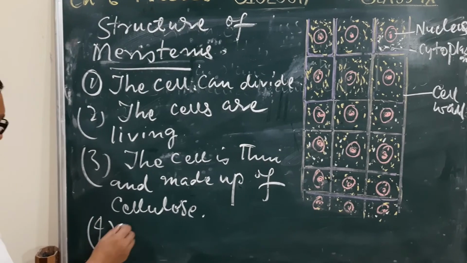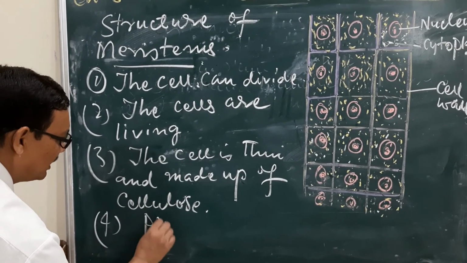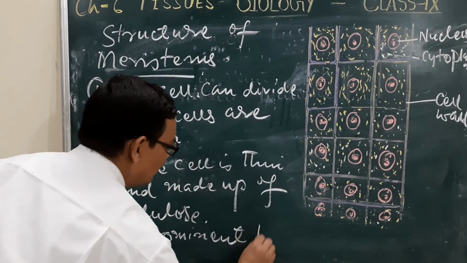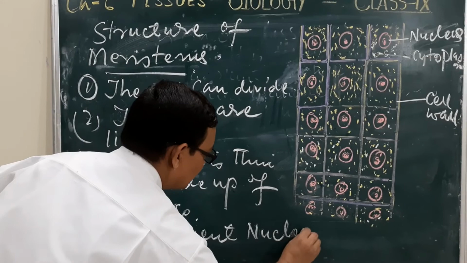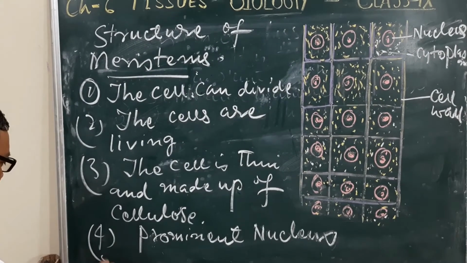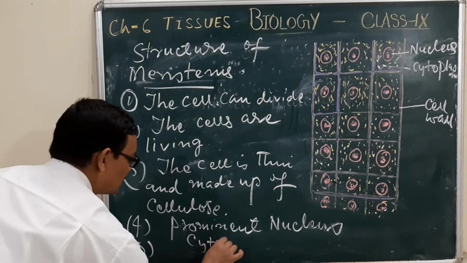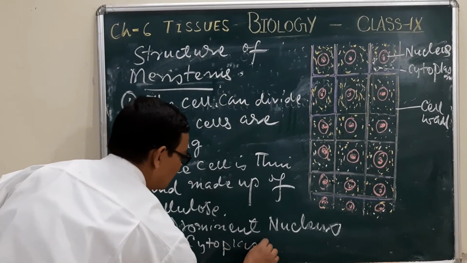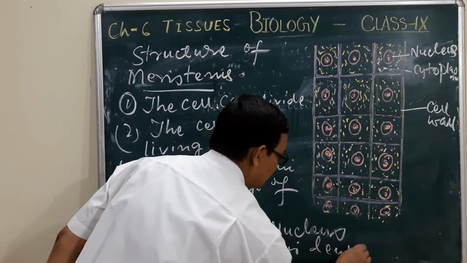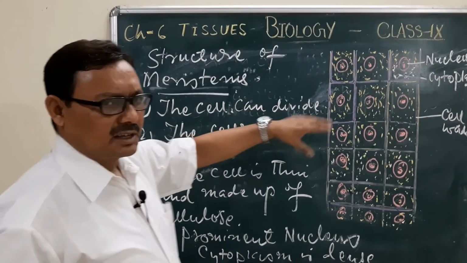Number 4, prominent nucleus. Number 5, cytoplasm is dense. There are so many characteristic features.